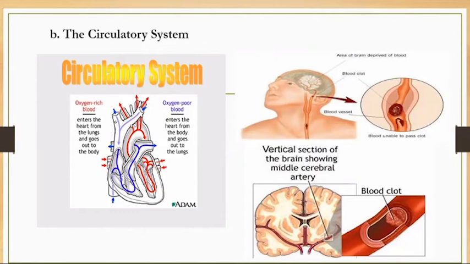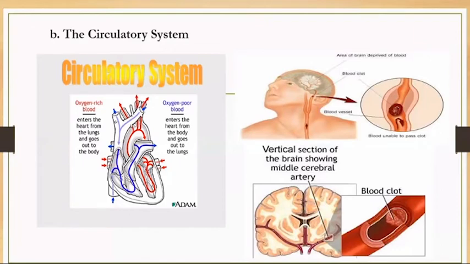That's why vertical section of the brain showing middle cerebral artery. Yan. Ipinakikita dyan yung pag-deliver nung blood going to the brain. So kapag hindi maganda at may blood clotting on the part of the brain, you can see kung okay yung heart, the problem naman is kung may problema, may bara naman going to the parts of the brain.